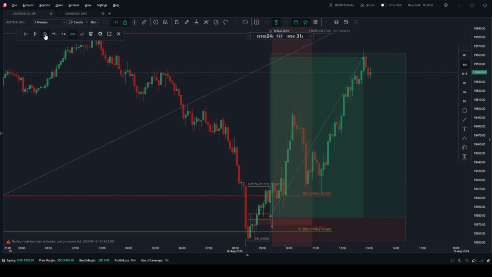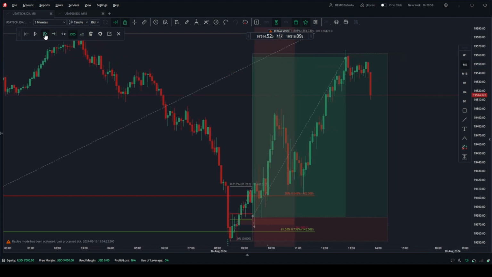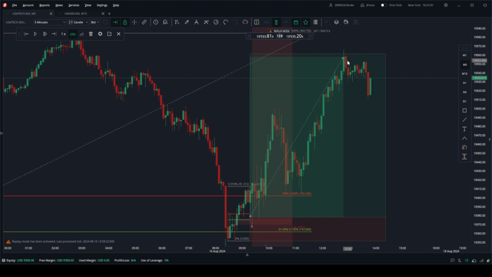As you see, if I replay it, it didn't come upward. As the SMT was in the move, the price went low, down. So it switched the trend. It was no longer coming up, it was going downward. And this was the trade on Friday.